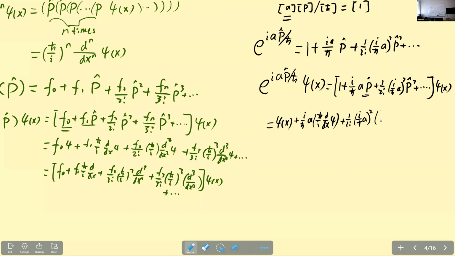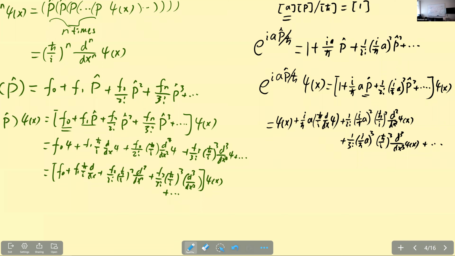And then P squared is h bar over i squared and d squared over dx squared on psi of x, right? You can do, for example, one more term. So you can have this one to the third power, and the h bar over i to the third power, and do the third derivative of this wave function, okay, and so on and so forth.